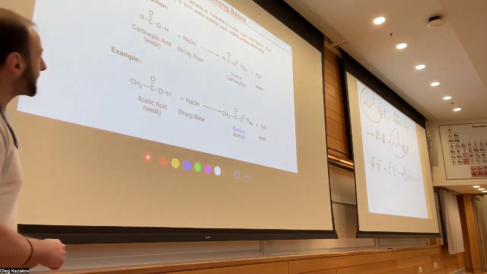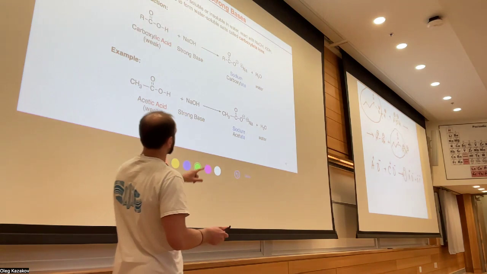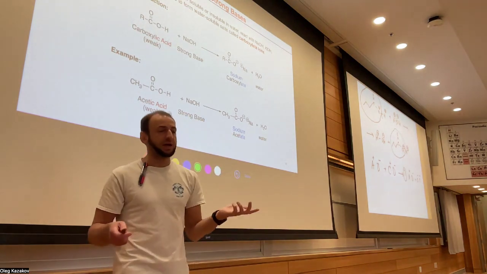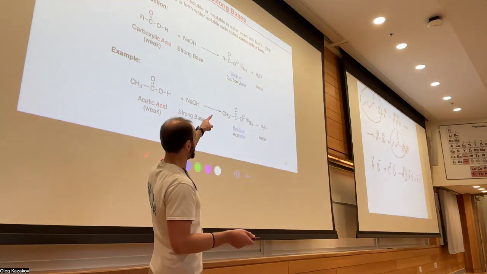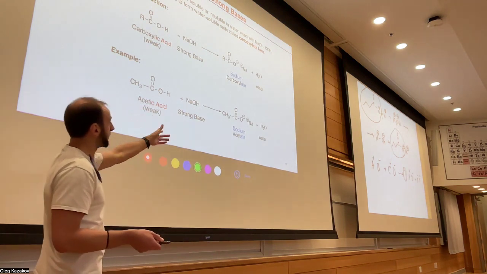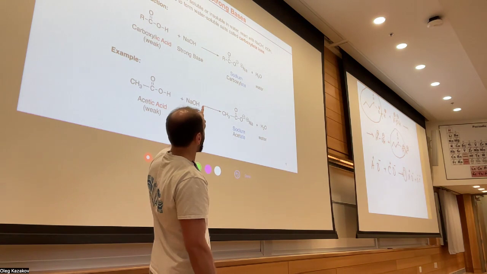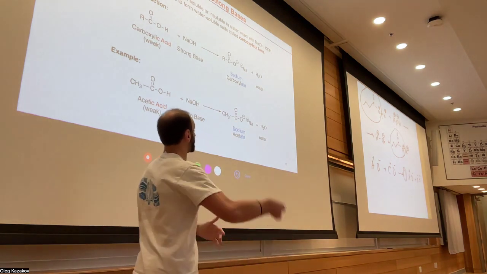In terms of the naming, it's going to be pretty straightforward. Look at sodium chloride, for example. In this case you are going to have the same kind of sequence: the name of the cation goes first, and then you have the general carboxylic acid name. The salt is going to be a carboxylate.